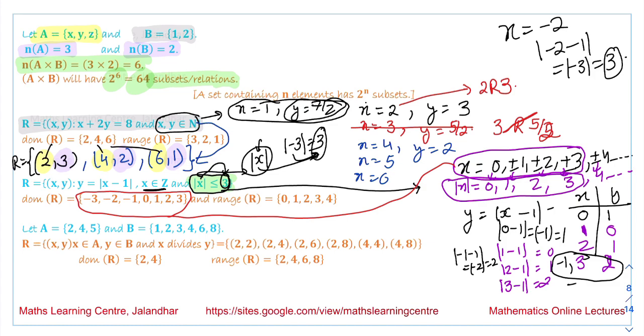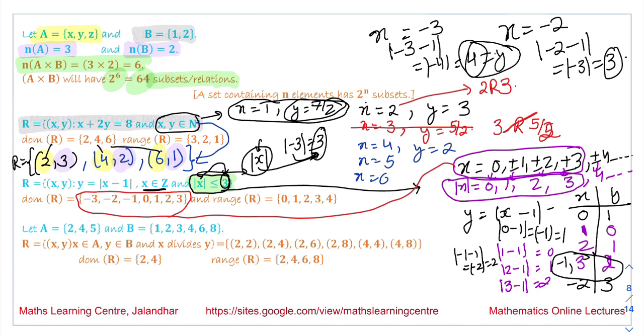So for the value minus 2, the value of y is 3, and if we have x equal to minus 3, then this will become mod of minus 3 minus 1, that is mod of minus 4, that is equal to 4. This is the value of y that we are getting corresponding to x equal to minus 3. The value of y is 4.